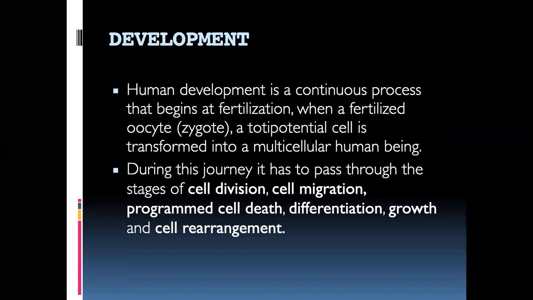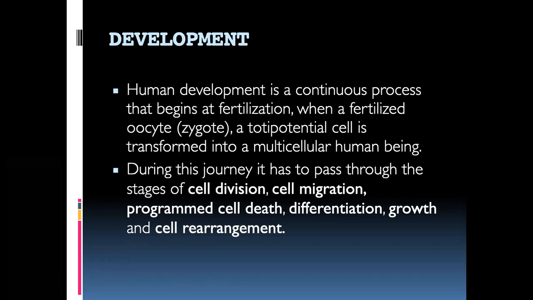What comes under development? It's a continuous process that begins at fertilization, when a fertilized oocyte, the zygote, a totipotential cell, is transformed into a multicellular human being. Fertilization is a process where egg and sperm fuse with each other to form a single cell stage called the zygote.